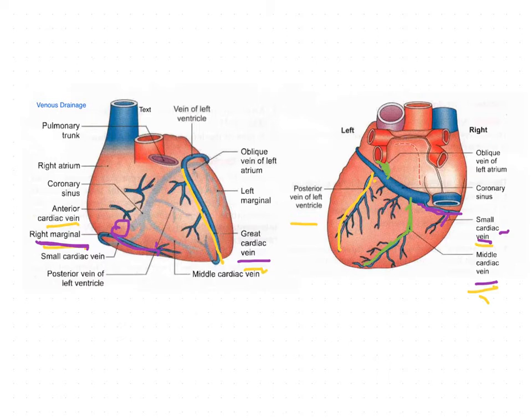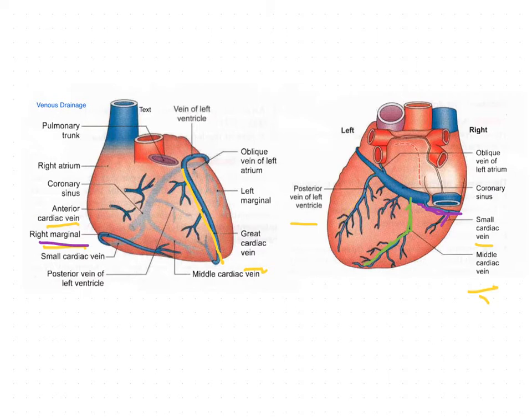And next, 2 types of veins are the anterior cardiac veins and the venae cordis minimi. The venae cordis minimi are also called Thebesian veins or the smallest cardiac veins. So these are the very smallest cardiac veins.